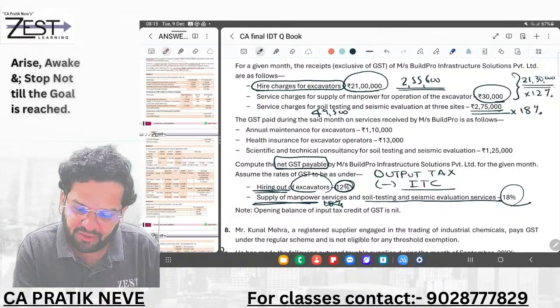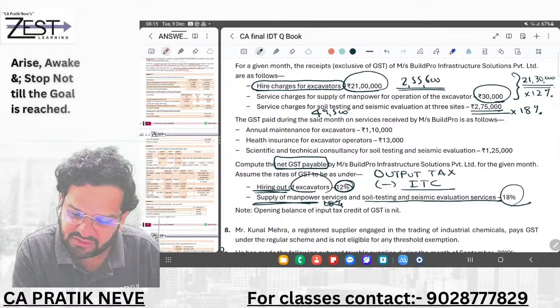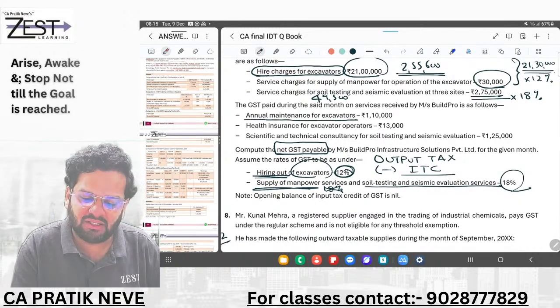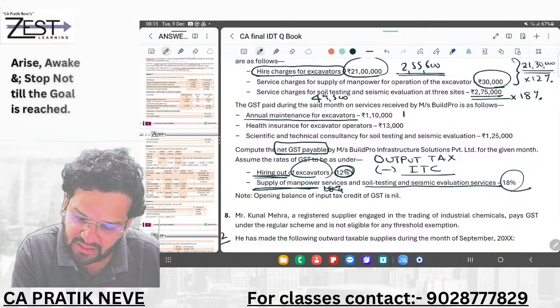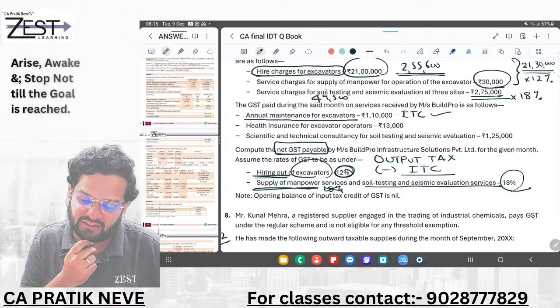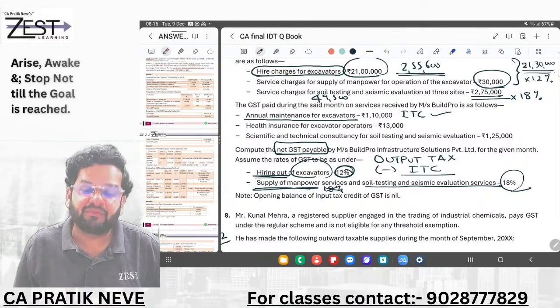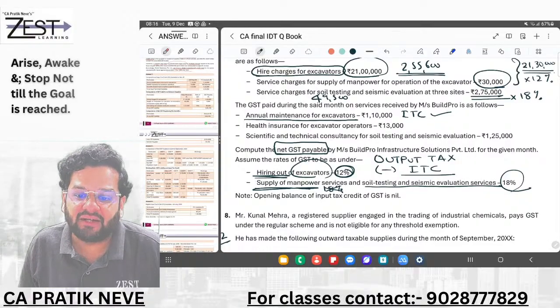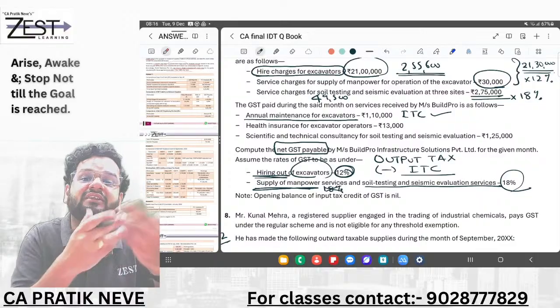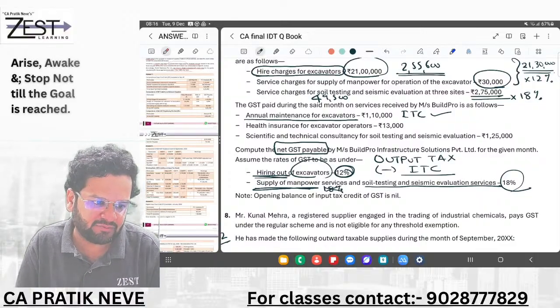GST paid during the month on services received is as follows. Annual maintenance for excavators, yes, take ITC. Health insurance for excavator operators. Friends, it is nowhere said that it was mandatory to give such service. Means it was mandatory to give health insurance to the employees as per any law.